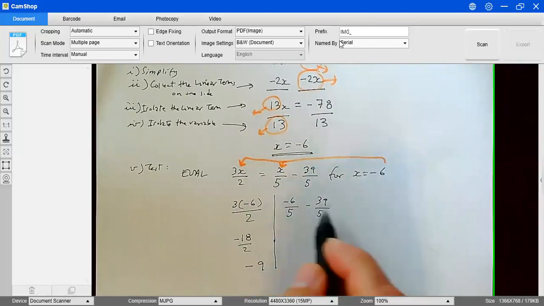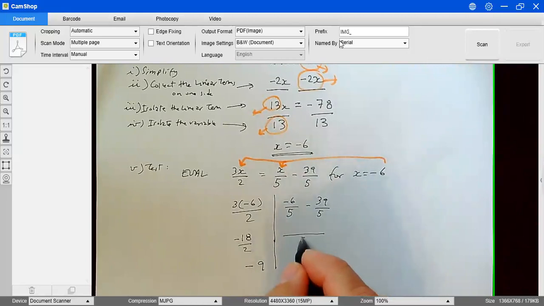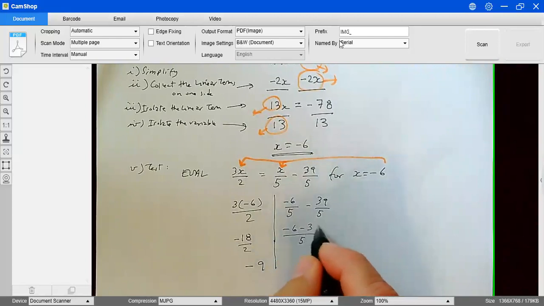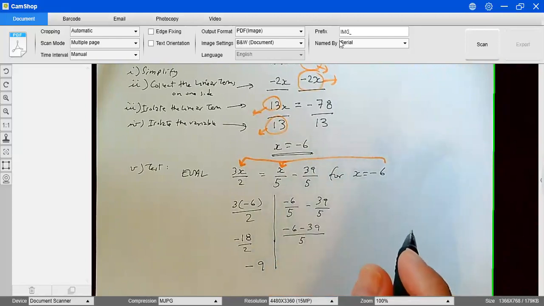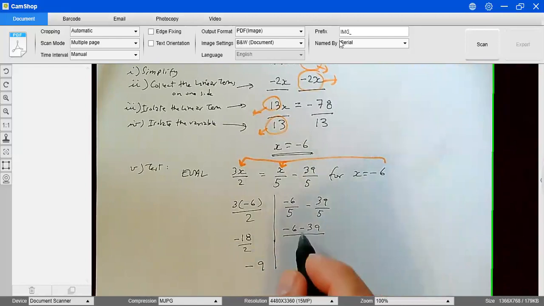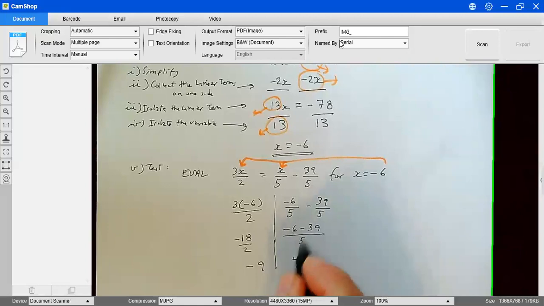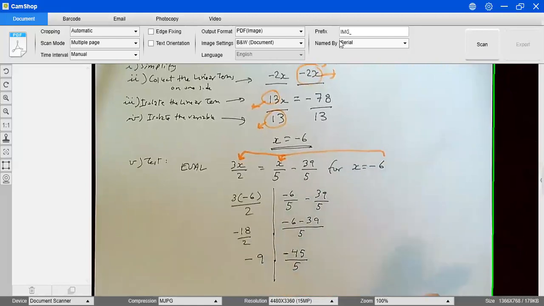Now, on the right-hand side, we have two fractions with the same denominator. So we're going to write the common denominator, and we're going to write the numerator. So now we are adding two negative numbers here. So -6 and -39. So you add the absolute values, which is 45, and you keep the common sign, and you have the denominator.